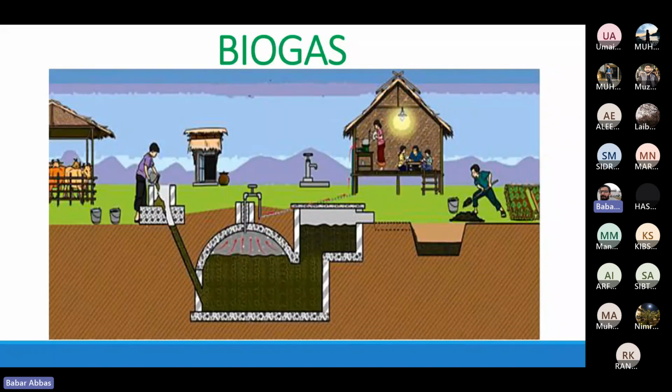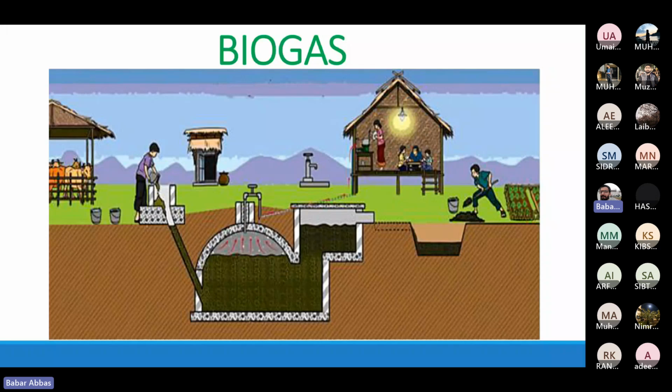And later on, this gas can be collected through a system, and then it can be utilized in different community level needs. And the rest of the waste, which is called as biofertilizer, because it has been stabilized after the decomposition of the initial feed stream.